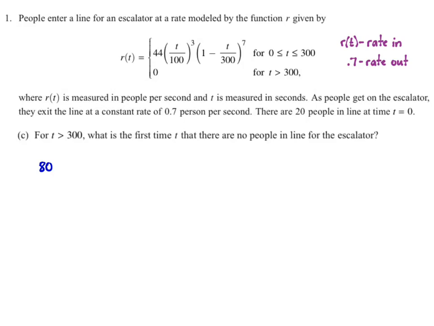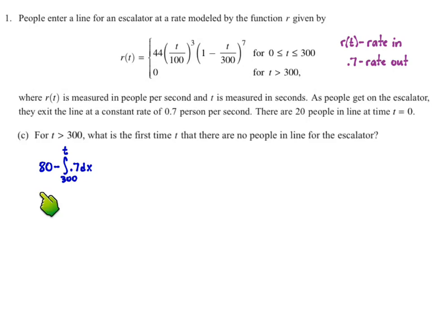And then from there, the amount of people added to the line is going to be the integral of the rate in. Well, because we're talking about the integral from 300 now, because our initial condition was the time 300, there's nobody being added, so we don't have to consider that. So we'd say 80 minus the amount of people out. So 80 minus the integral from 300 to t of 0.7 dx.